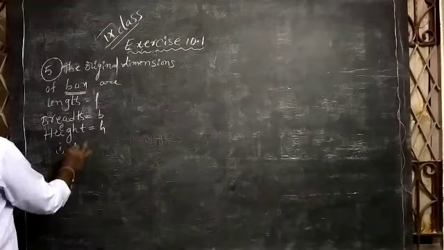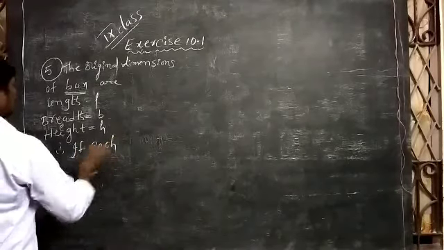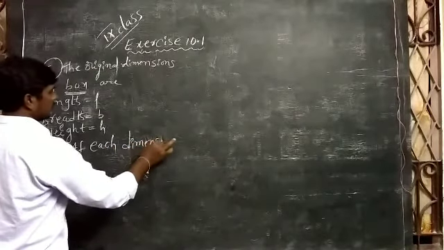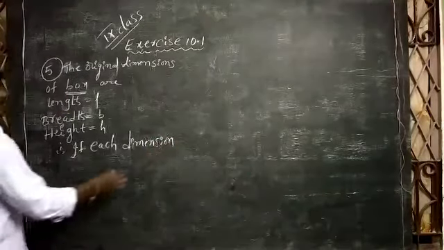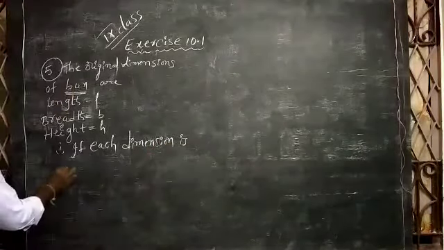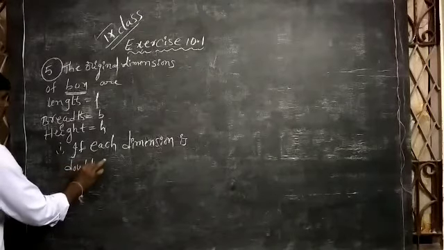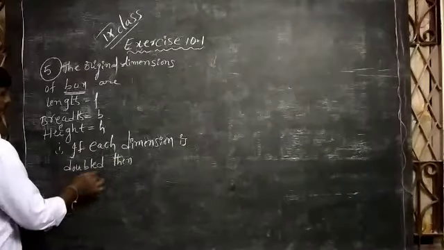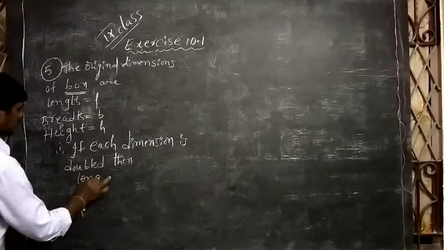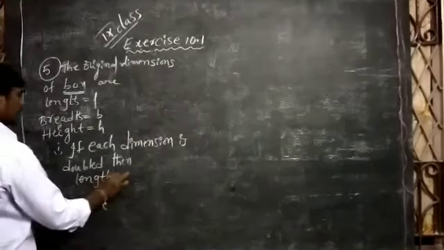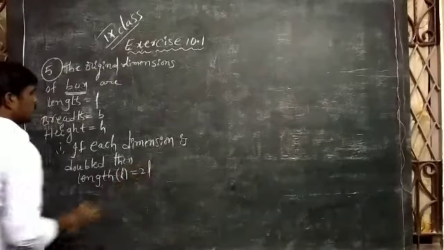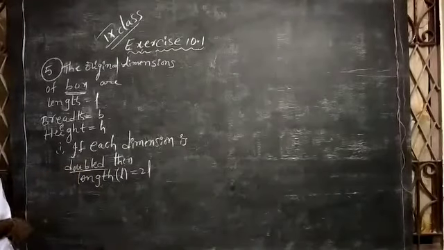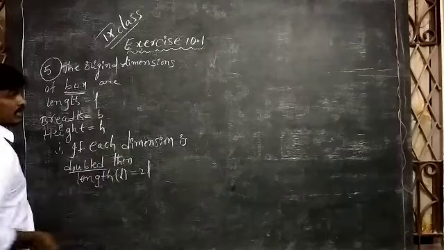Condition number 1: if each dimension is doubled, then the length of the box L becomes 2L. Why should I write 2 here? Because in the doubled condition, double means multiply by 2.